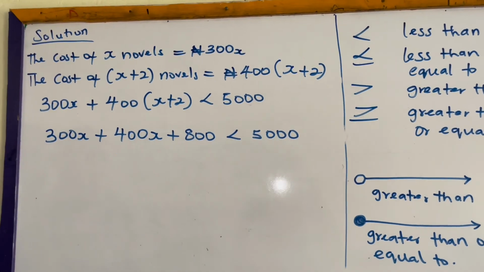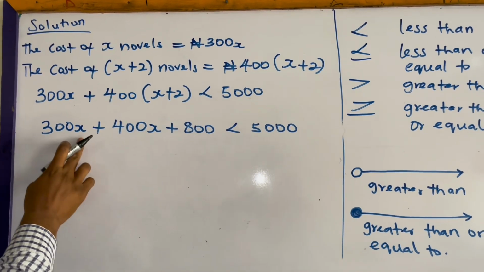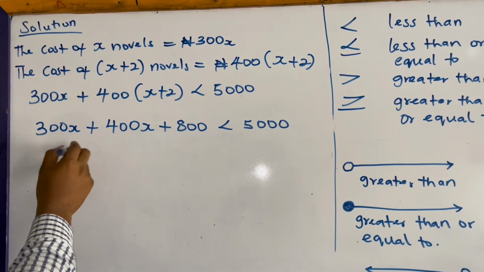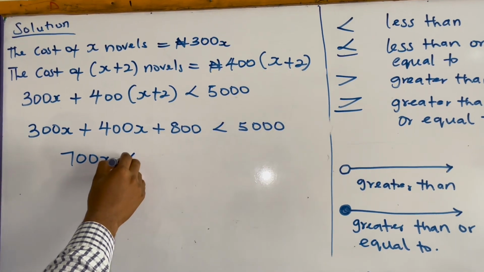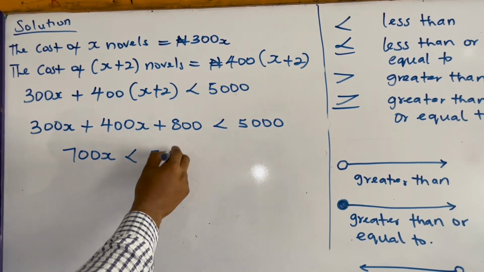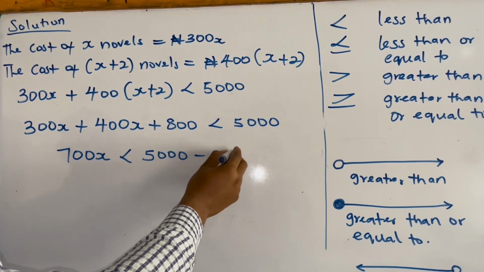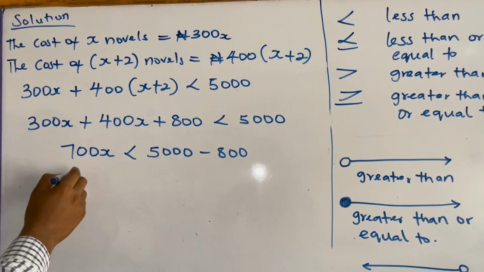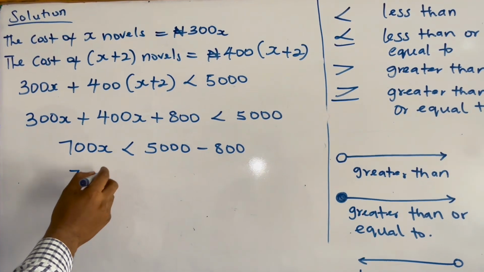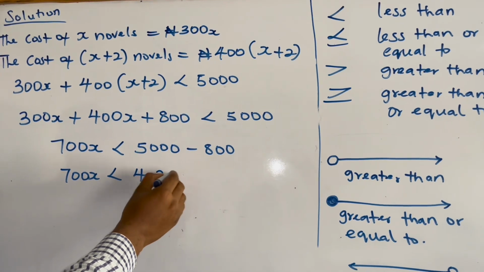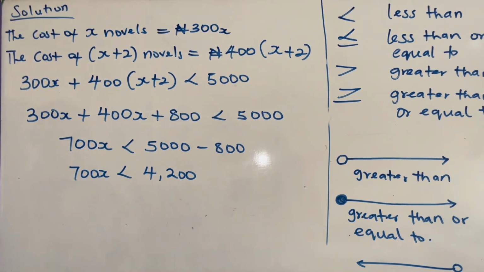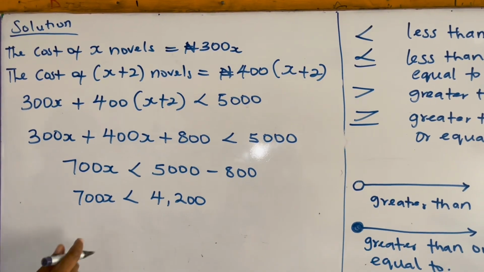So I'll have 300X plus 400X, which will give me 700X, less than 5,000 minus 800. So I'll have 700X is less than 4,200. I'm going to divide both sides by 700.